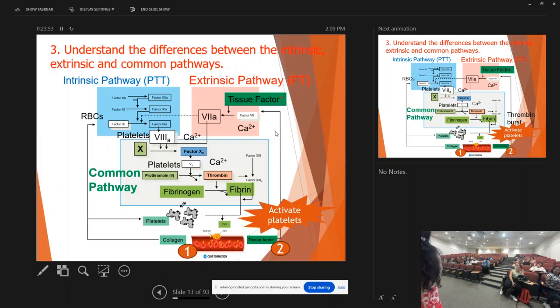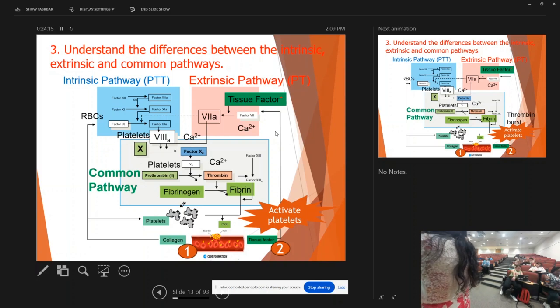Immediately when the activated platelet sees the tissue factor, it feeds into the extrinsic pathway where it activates factor 7, which needs calcium, and it's factor 7A which is active and will feed into the common pathway.